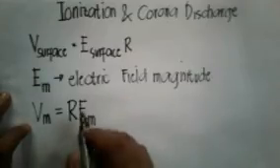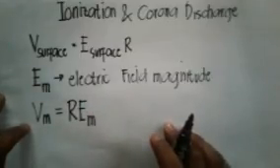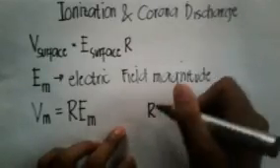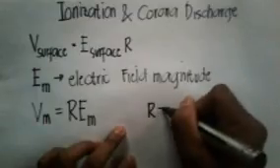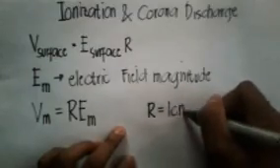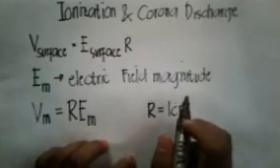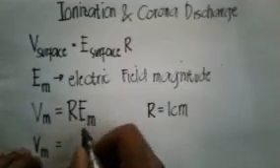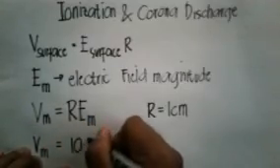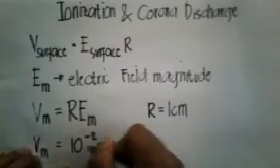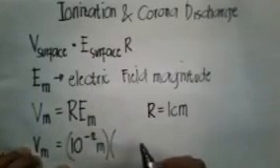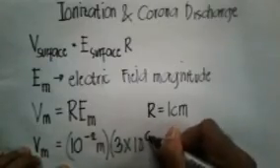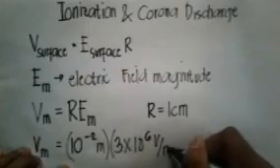So if we have a conducting sphere which has a radius in air equal to 1 cm, our maximum potential would be 10 to the negative 2 meter times the 3 times 10 to the 6 volts per meter.